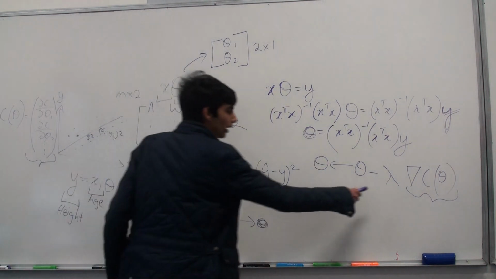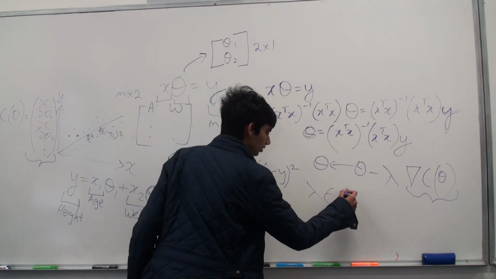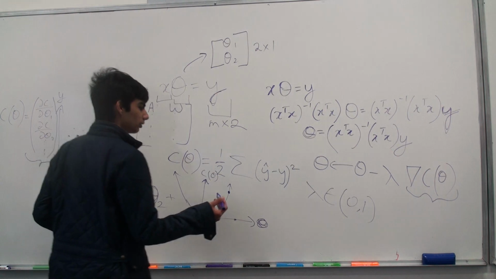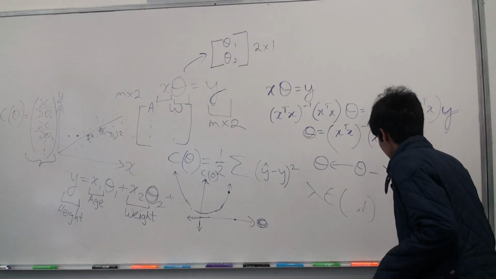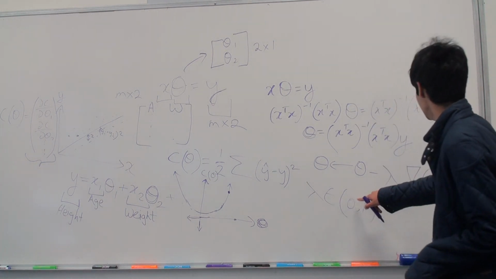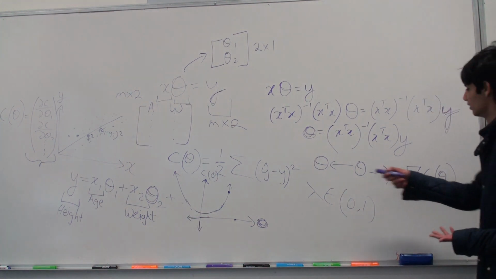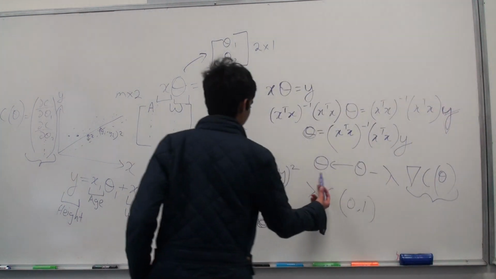So the way we choose lambda is from 0 to 1. The reason we don't choose 0 is because, obviously, if you set lambda to be 0, then theta is just theta, and that doesn't help because we want to update this.